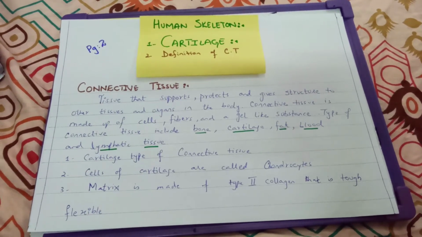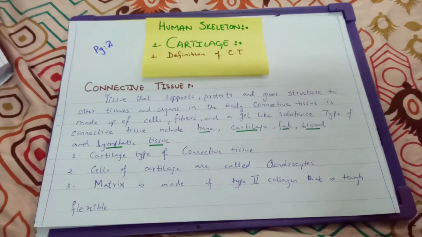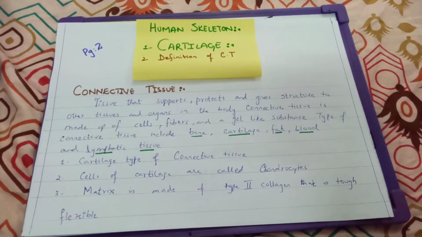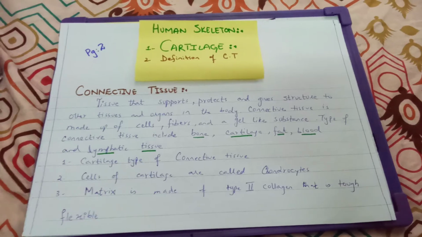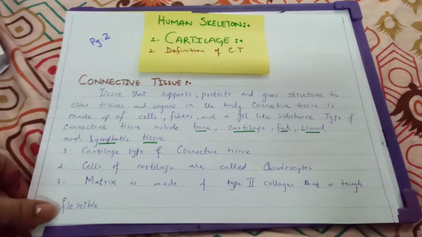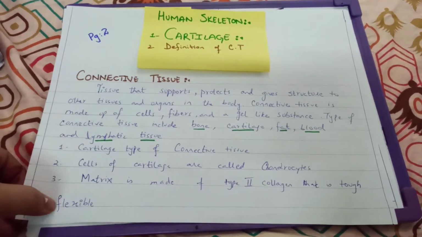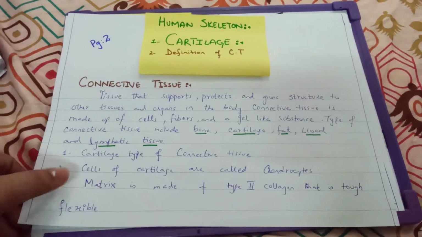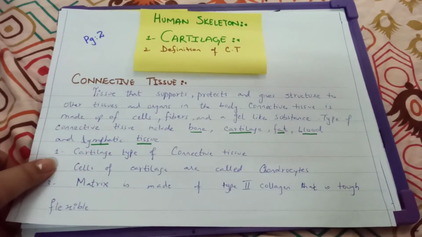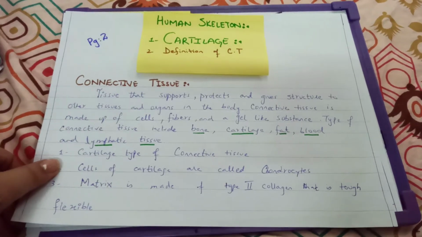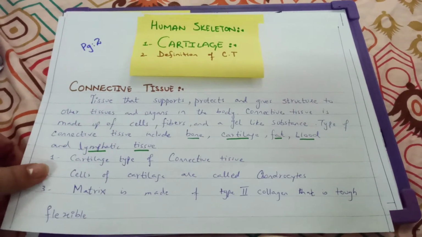It is made of collagen type 2, as the name indicates. This protein provides flexibility to the cartilage, and the chondrocytes make the structure.